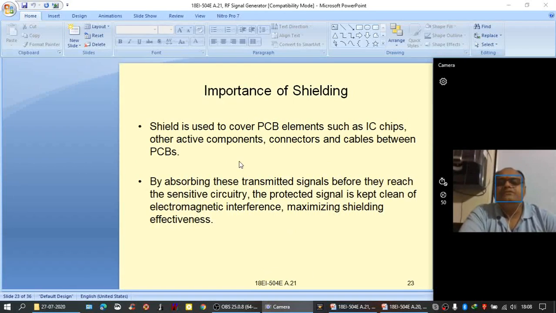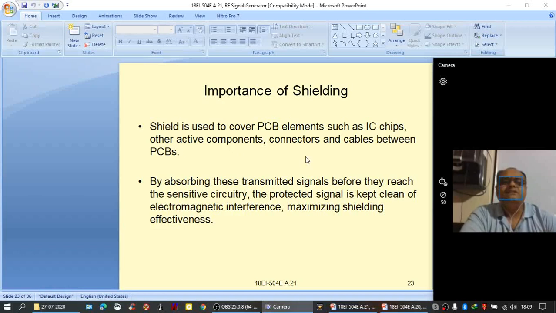What is the importance of shielding? Shielding is used to cover PCB elements such as IC chips, that is integrated circuits, other active components like inductors, capacitors, transistors, BJTs, UJTs, and all these components.